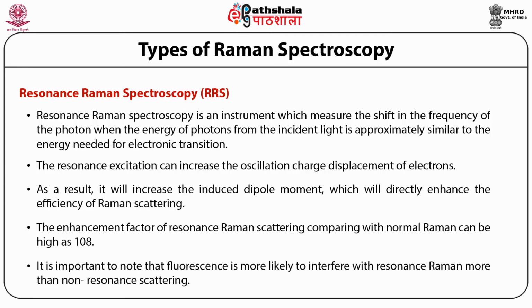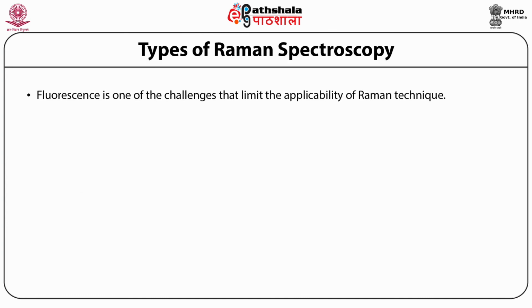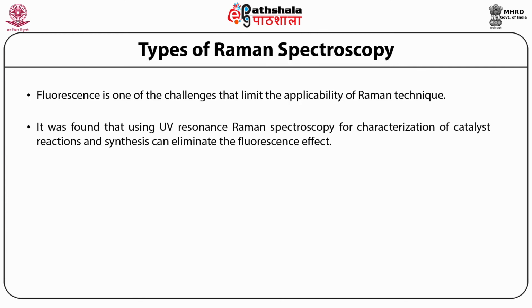It is important to note that fluorescence is more likely to interfere with resonance Raman more than non-resonance scattering. Fluorescence is one of the challenges that limit the applicability of Raman technique. It was found that using UV resonance Raman spectroscopy for characterization of catalyst reactions and synthesis can eliminate the fluorescence effect.